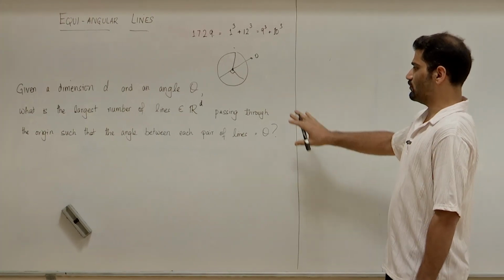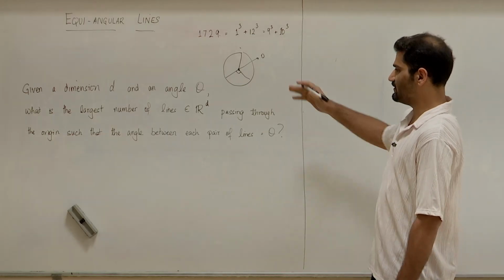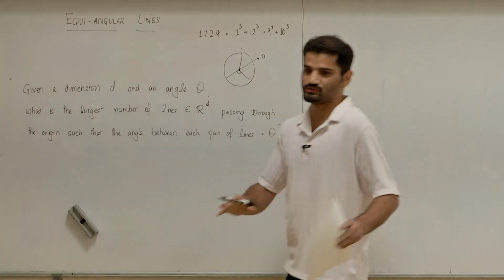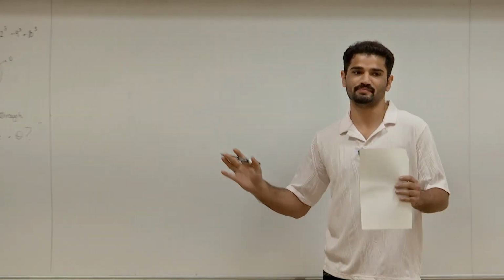But before we go there, first what I'll do is rephrase this same question in a couple of different ways to eventually get to a problem that I can say is a spectral graph theory problem. So it's worth talking about this here.